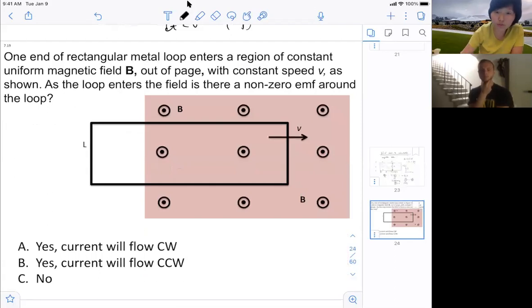Either way, if you still remember how we did Faraday's law in our intro physics; if you don't remember that, you can simply use the motional EMF method. Okay, I'll let you have a discussion about this question. It shouldn't take too long, maybe a minute or two, and after you come back, we can have a discussion.